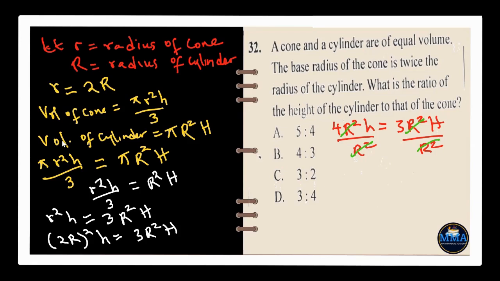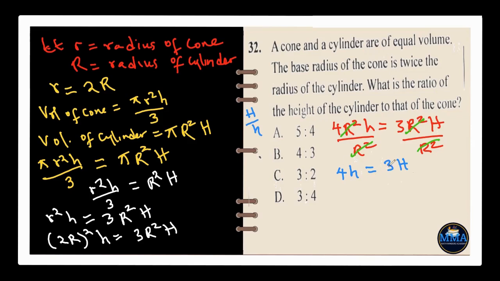So what we have here will be 4h equals 4 small h equals 3 big H. Now we are looking for the ratio of the height of the cylinder, which is the big H, to that of the cone. So we are looking for a quantity like big H over small h.